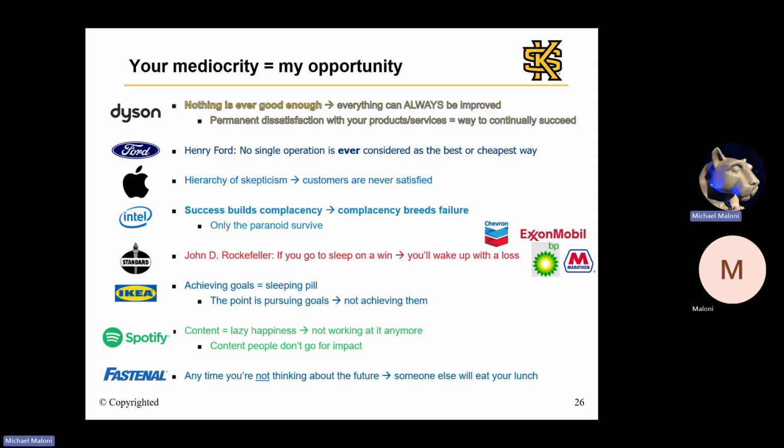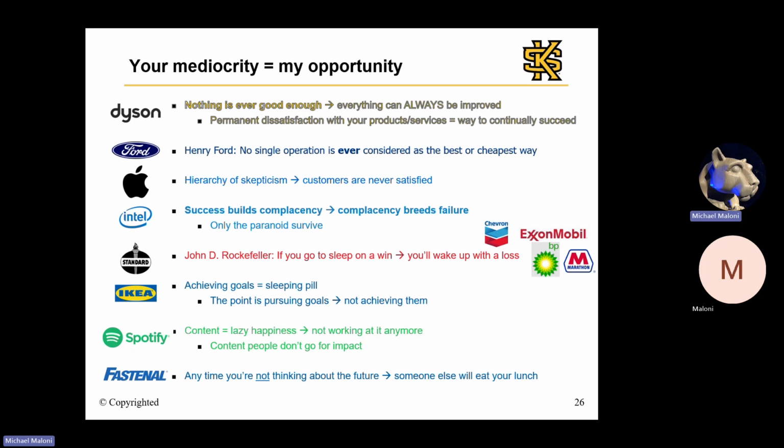He said that anytime you're not thinking about the future, someone else will eat your lunch. So who's Fastenal? From its IPO in 1987, their stock generated an overall return of 211,000%. That is, if your parents or grandparents invested $10,000 40 years ago in Fastenal, that would now be worth $21 million.